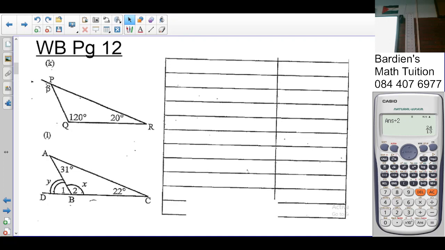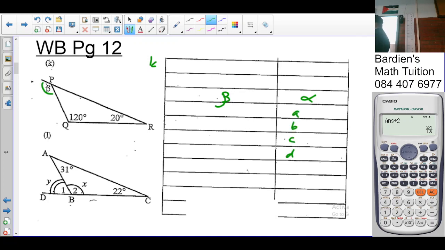Let's look at the next one. Are you going to calculate the angle beta? This angle here. You see that? It's beta, angle beta. Later on you're going to see that it is B in Greek, and A is alpha.